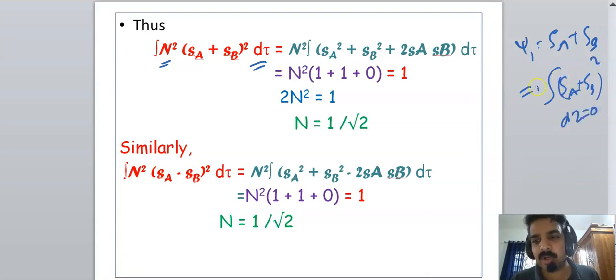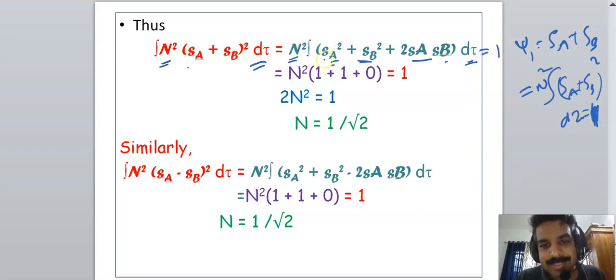We are multiplying with the normalization constant N and squaring, so N square integral of SA plus SB the whole square d tau. N square is a constant taken outside, integral of SA square plus SB square plus 2 SA SB d tau, and that is equal to 1. Normalization is equal to 1.